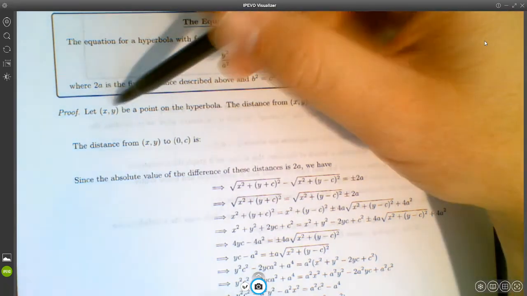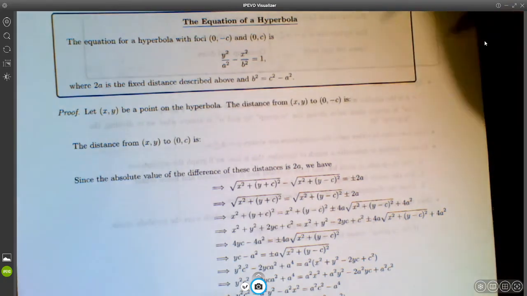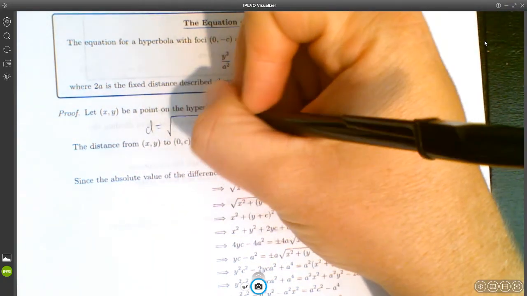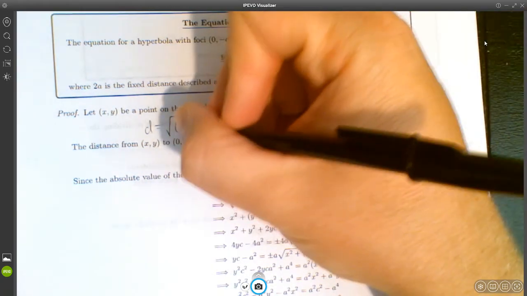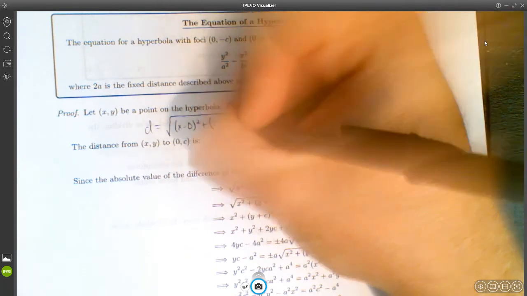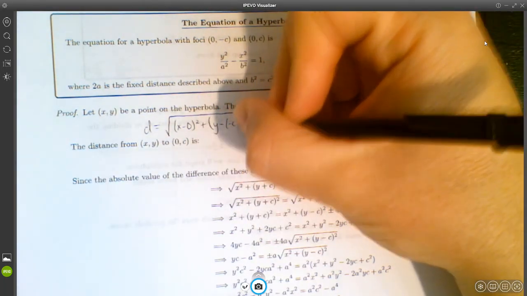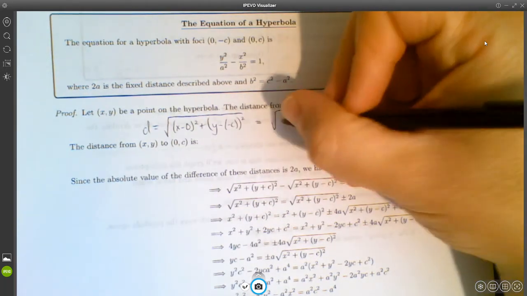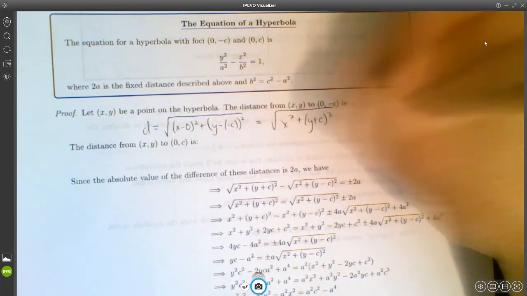Let (x, y) be a point on the hyperbola. The distance from (x, y) to (0, -c) would be x minus 0 squared plus y minus -c squared, or in other words, the square root of x squared plus (y plus c) squared.